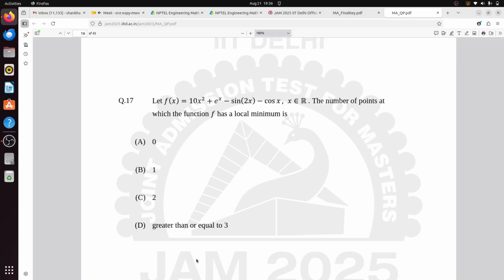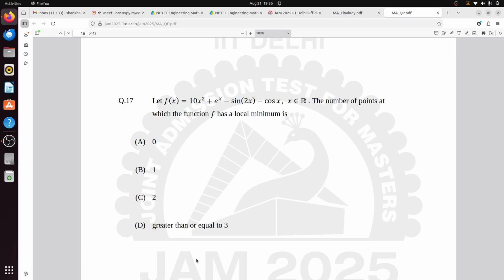Sorry for my intuition, I was wrong. So df/dx equal to 0, you need to cross-check, and then you will get only 1. If you take df/dx, you will get 20x plus eˣ equal to 2 cos 2x minus sin x. 2 cos 2x minus sin x becomes 1 when x equals 0.